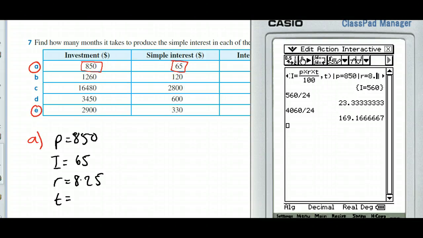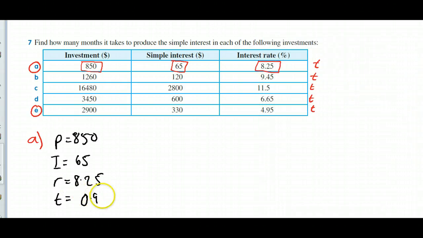R is 8.25. We don't know T, so we're going to remove that and replace it with I equals $65. Okay, and it tells us that T equals 0.9269, or if we round it off, 0.93. So T equals 0.93 years.